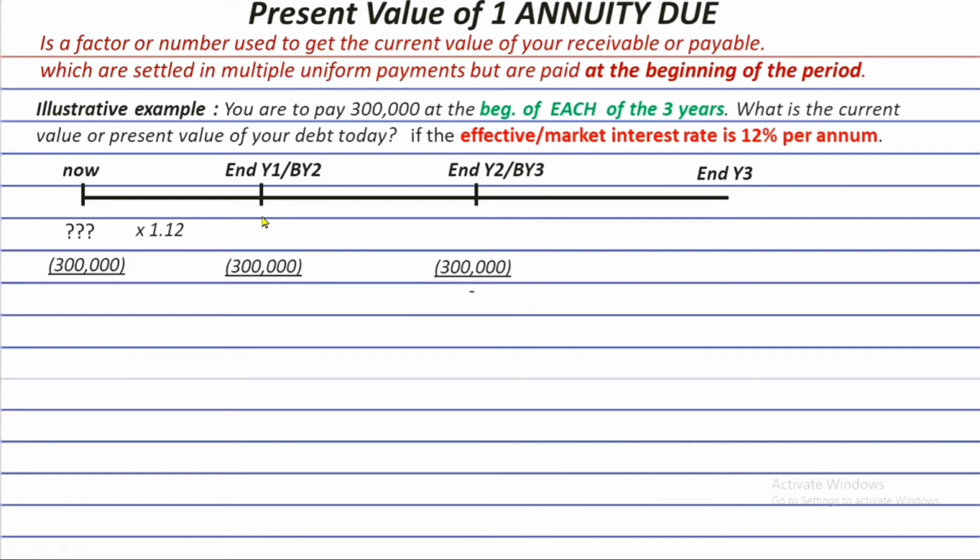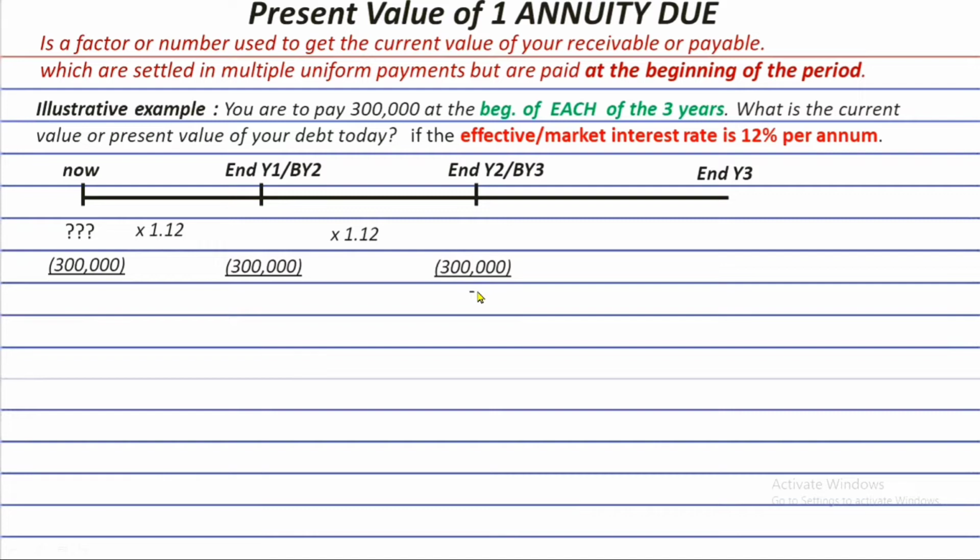And then we will get something here. And minus the second 300,000 and we will get something here. And for the last time, this amount here times 1.12 equals this one here. And minus the last 300,000, so 0.